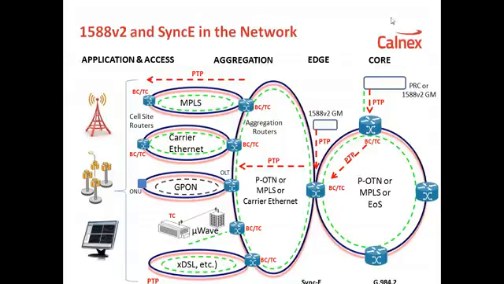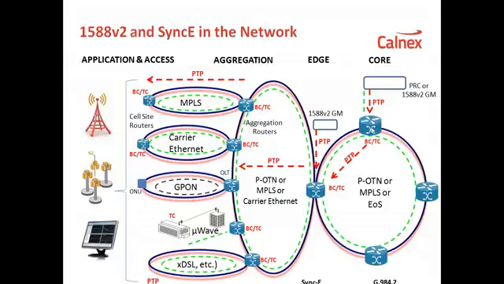So SyncE, or synchronous Ethernet, is deployed in a packet network to distribute and transport synchronization. SyncE starts with a primary reference clock in the core of a network, which then connects and locks the clock to the local node, which then distributes and transports the clock, as shown by these green lines here, to nodes along the network.